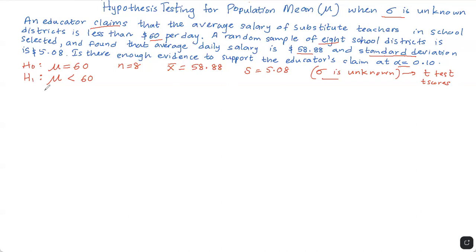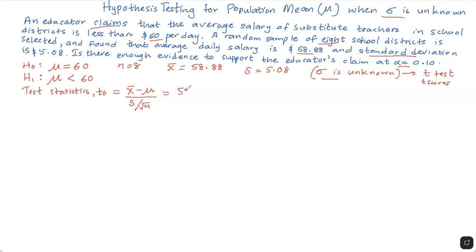Okay, so let's find the test statistic of this hypothesis testing. So the formula for this one, t naught equals x bar minus mu over, now instead of sigma, now we have S over square root n.